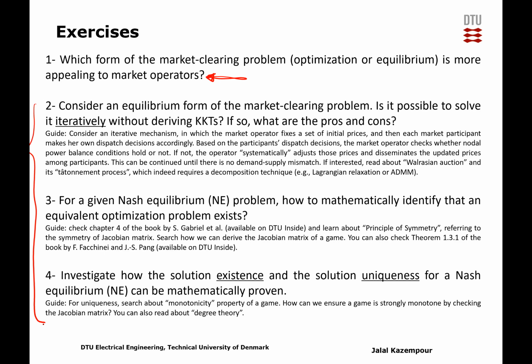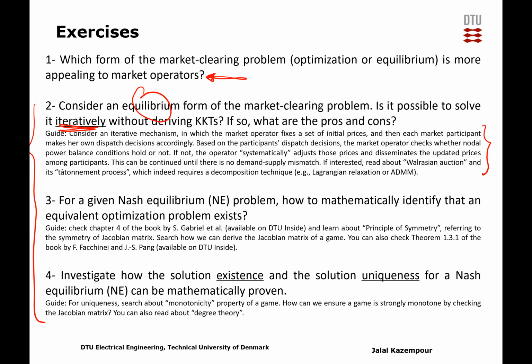The first question is that to solve an equilibrium problem, we derive the KKTs and we solve all KKTs together. The question is, can we avoid deriving KKTs and solve the equilibrium problem iteratively? Please think of that.